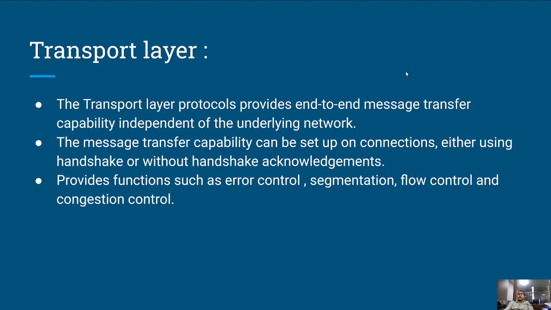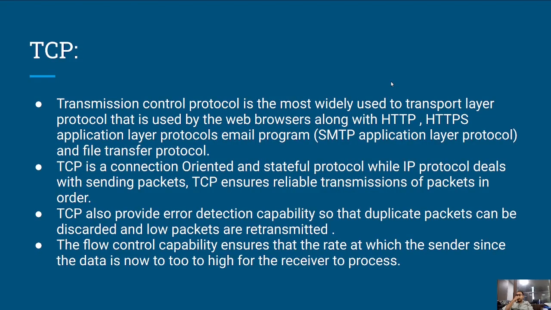Now let us look into some of the protocols related to the transport layer. The first and most widely used protocol is TCP, the Transmission Control Protocol, which is used by web browsers along with the HTTP and HTTPS application layer protocols.